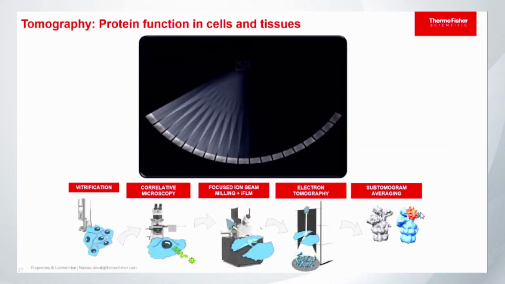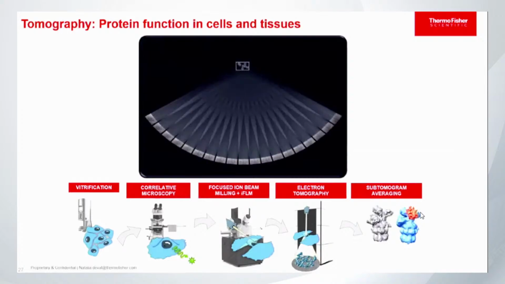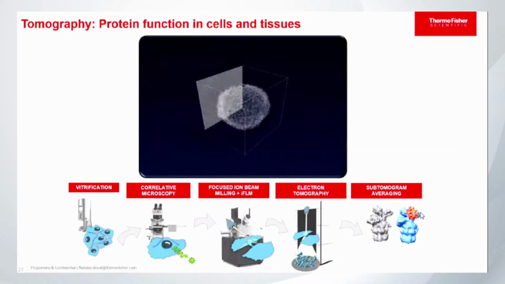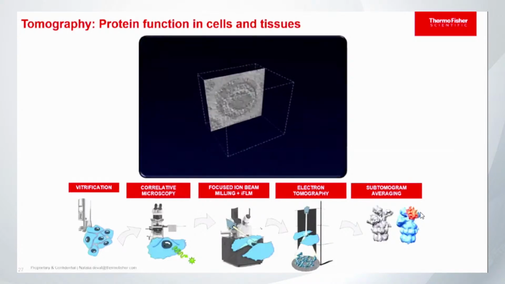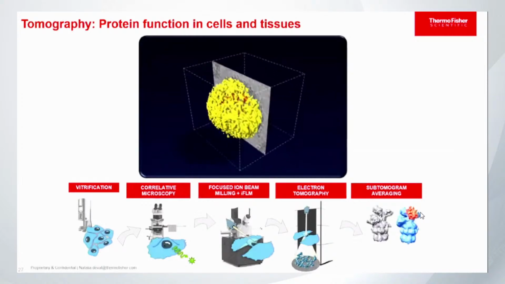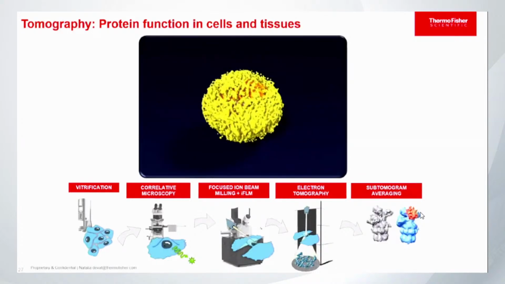So you are creating a movie, kind of a tilt series, of the whole virus or your cell of interest. That movie is the thing that we call the tomogram. Once you have your tomogram, you need to process all the data, doing tomogram and subtomogram averaging, and we have different software to do this, to create the 3D reconstruction at the end.